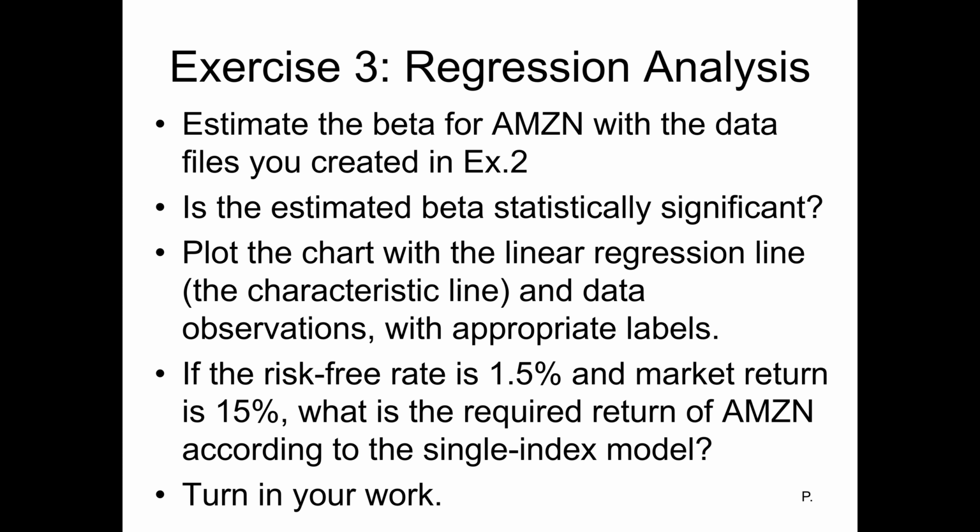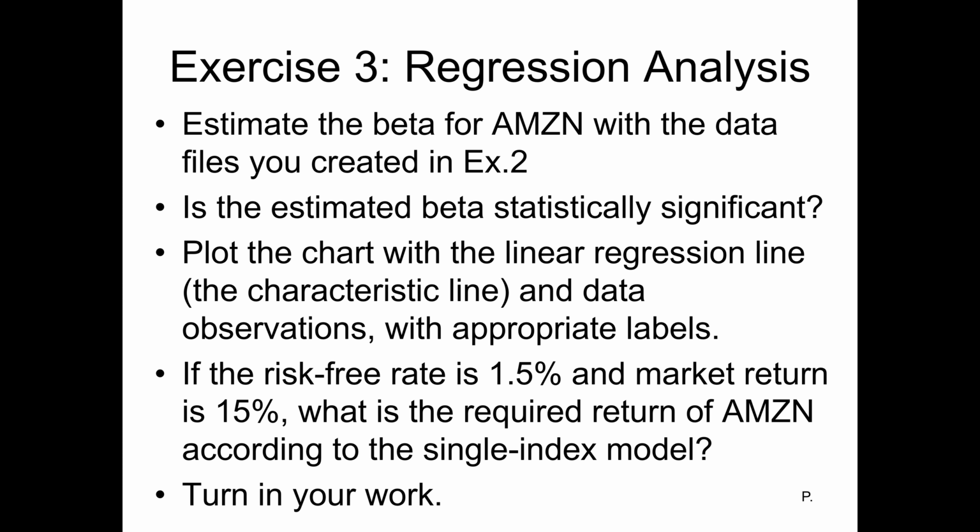So this is your exercise: do a regression on Amazon.com. You need to report what the estimate is, and don't forget to say whether that beta estimate is statistically significant, because you have to check the t-statistics. Then you need to plot with a linear regression.